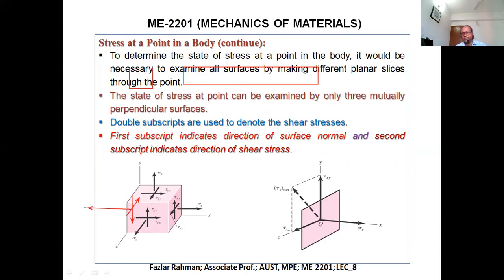So this body has no moment, right? These two, this force and this force, try to rotate the body clockwise, right? Because it is pushing this direction this way. That means they are trying to rotate the body clockwise.